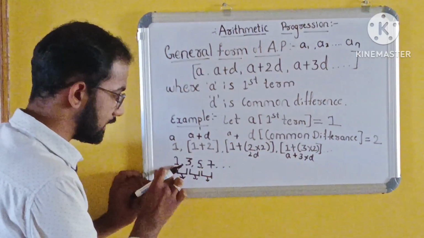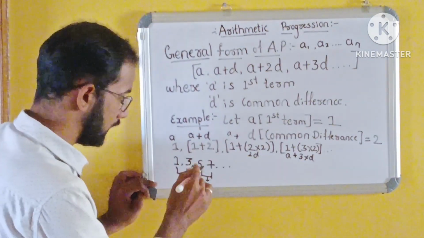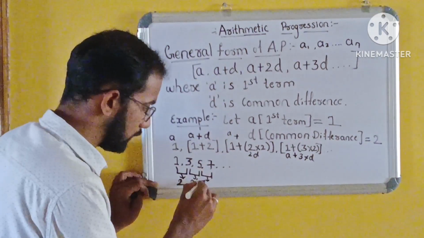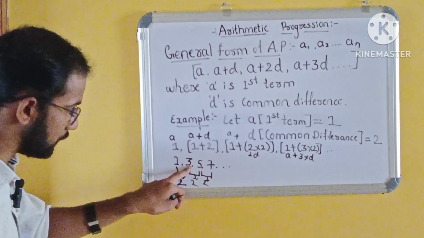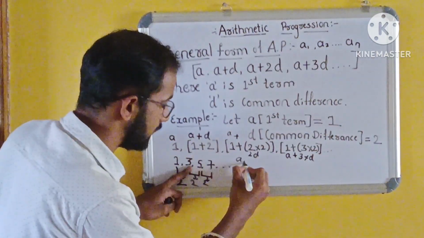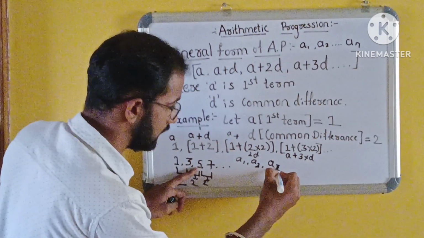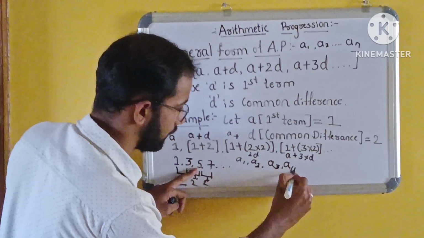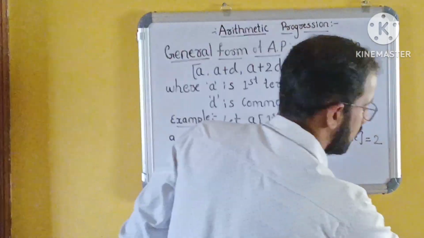How? 3 minus 1 is 2, sorry. 5 minus 3 is 2. 7 minus 5 is 2. See here, let's call the first term a1, the second term a2, the third term a3, the fourth term a4, and so on.